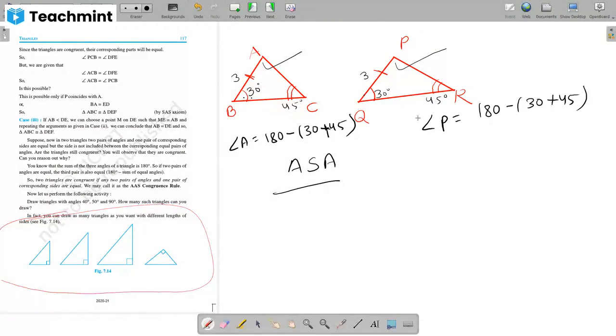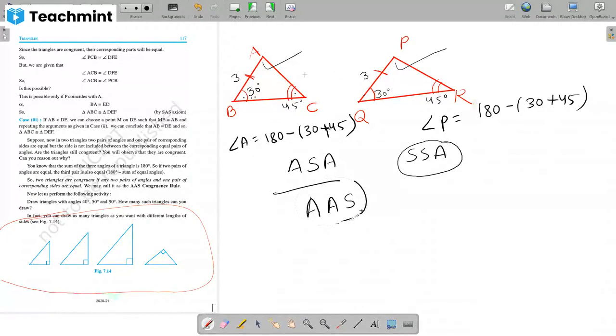And as we have seen just now, side side angle is not a congruency criteria, but angle angle side is a congruency criteria.